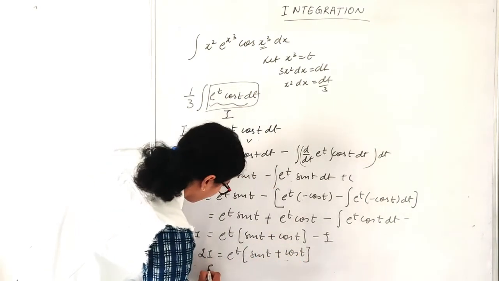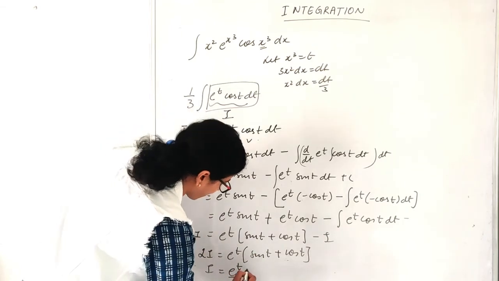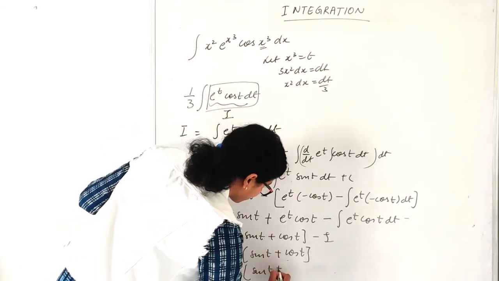Okay, I is equal to e raised to the power t by 2, sin t plus cos t.